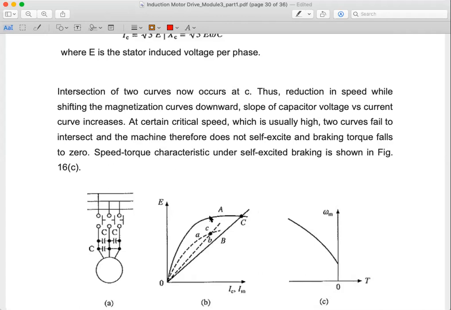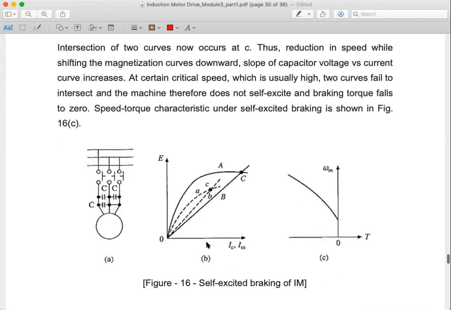If the speed is further reduced, you can have a time when this A graph and B graph do not intersect at all. So we have a speed limit for which self-excited braking is applicable. Below that certain speed, these two curves fail to intersect and the machine does not self-excite, and braking torque falls to 0. And this is the speed torque characteristic under this condition.